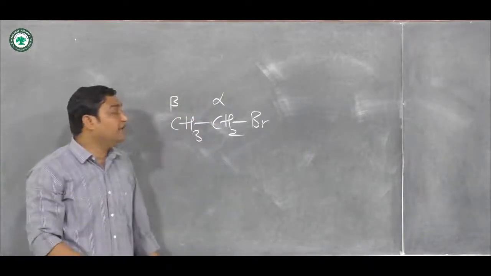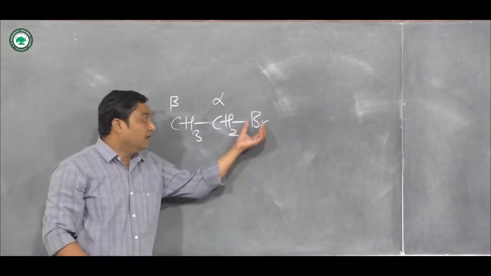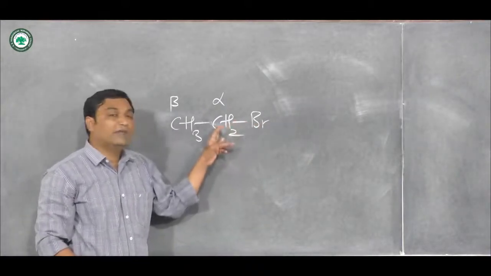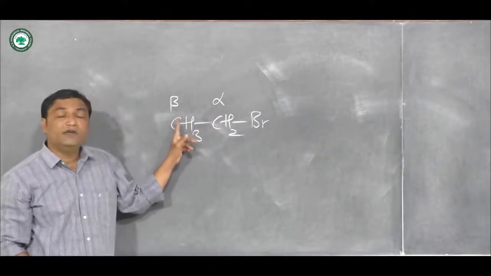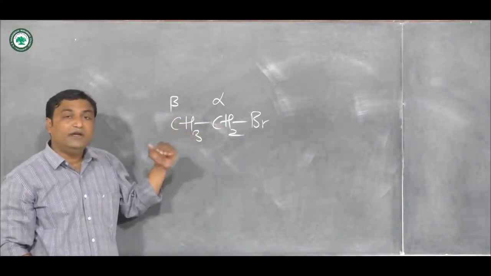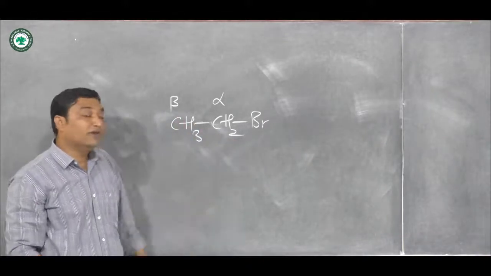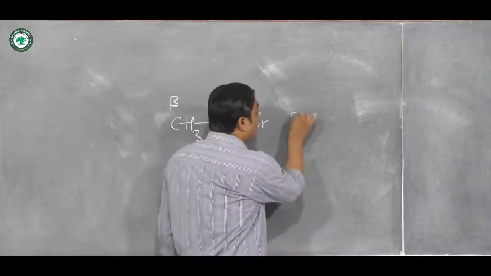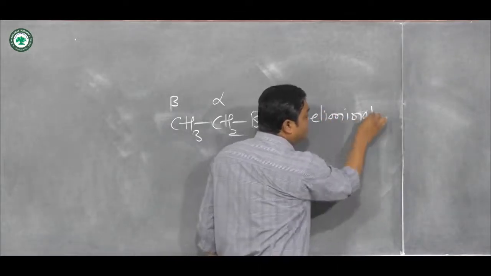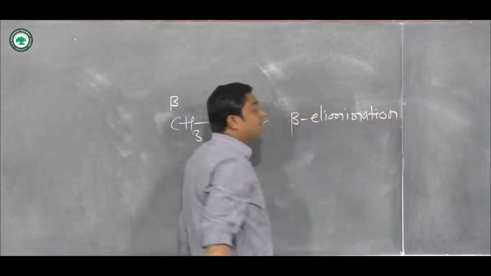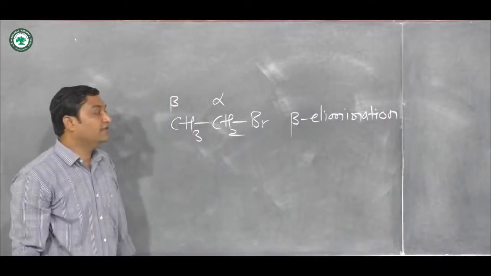In the case of elimination reaction, the halogen atom from the alpha carbon atom and the hydrogen atom from this beta carbon atom will be eliminated. That's why it is also called beta elimination. I have explained that to you. This is the beta elimination reaction.